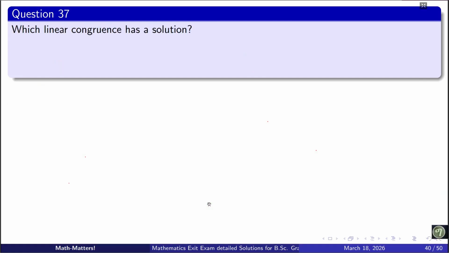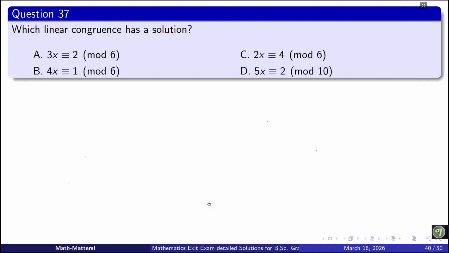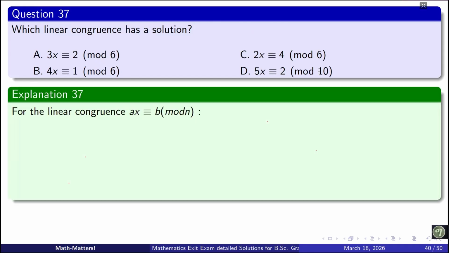Next, which linear congruence has a solution? The options are: 3x congruent to 2 modulo 6, 4x congruent to 1 modulo 6, 2x congruent to 4 modulo 6, and 5x and so on. For a linear congruence ax is congruent to b modulo n, a solution exists if and only if the GCD of a and n divides b.